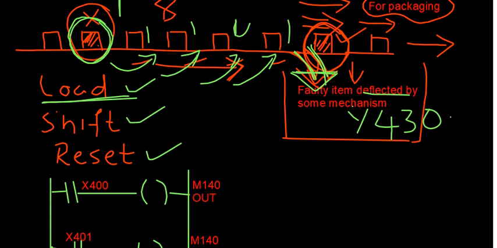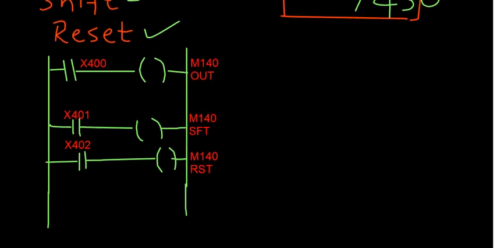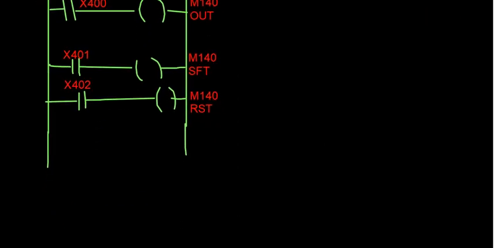Let us not worry about that for the time being. So once you get the fourth shift, when this becomes 1 here, you should be able to make your output Y430 high. But before that, you may require some mechanism for resetting purpose.